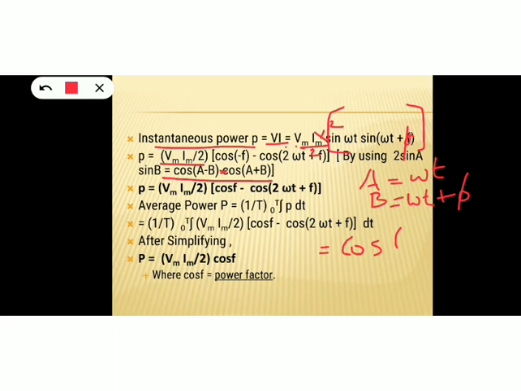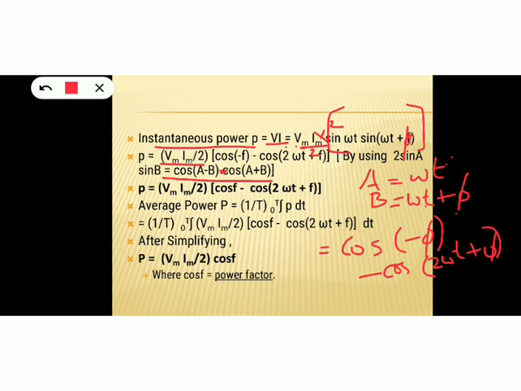So cos(A minus B) means cos of omega t minus (omega t plus phi), which is cos of minus phi, minus cos(A plus B), where A plus B is 2 omega t plus phi.